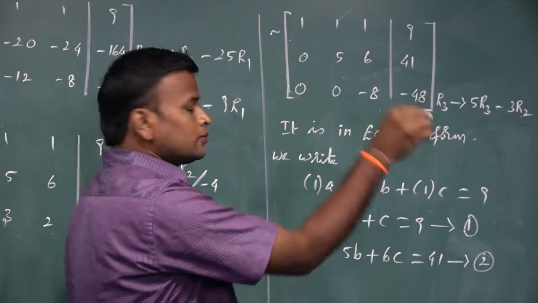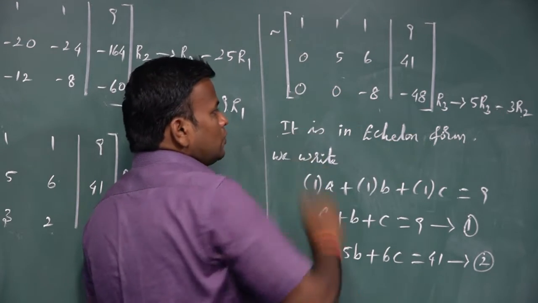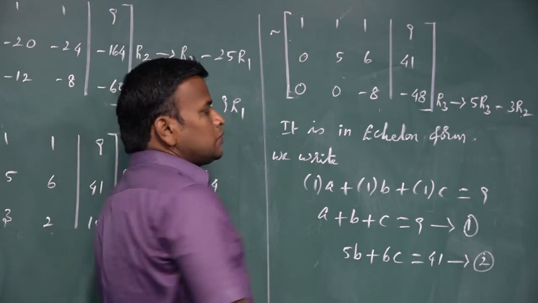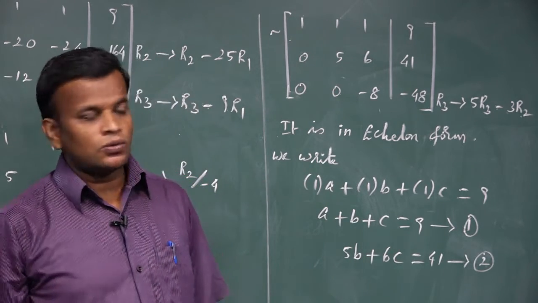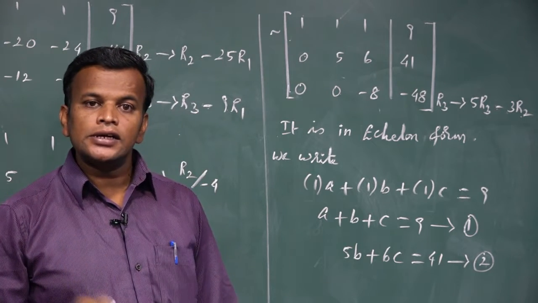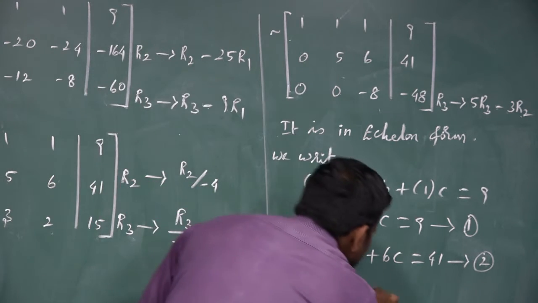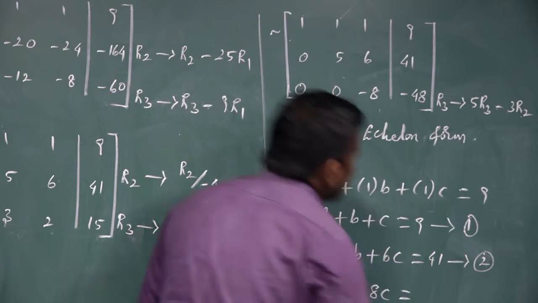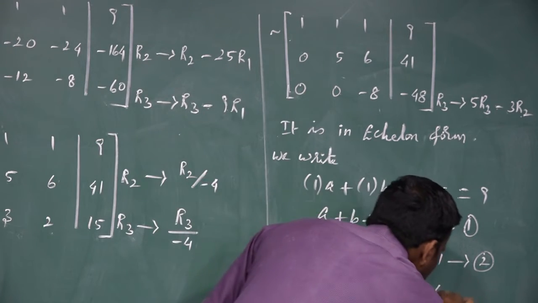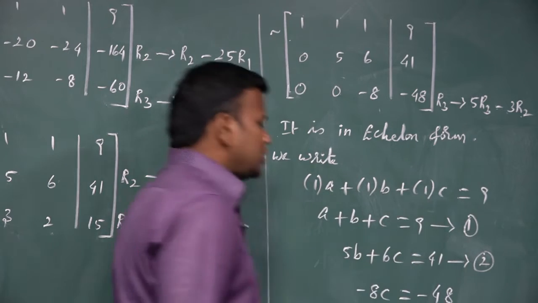Next, third row. First one is the coefficient of A, 0 into A is 0. Second one is the coefficient of B, 0 into B is 0. Third one is the coefficient of C, minus 8 into C is minus 8, is equal to, whose corresponding element of RHS is minus 48.